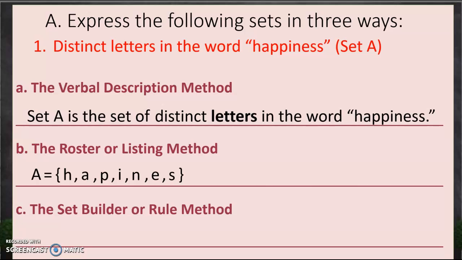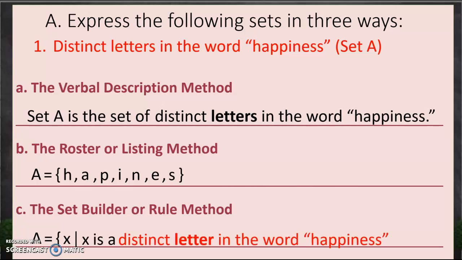Letter C, set builder or rule method. Set A is the set of all x such that x is a distinct letter in the word happiness. Then close brace. So that is set builder notation.